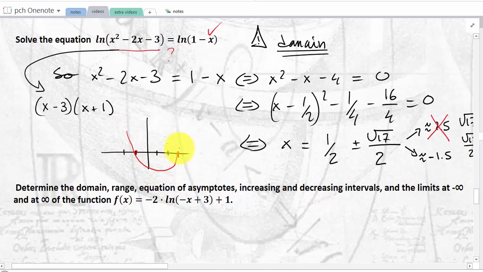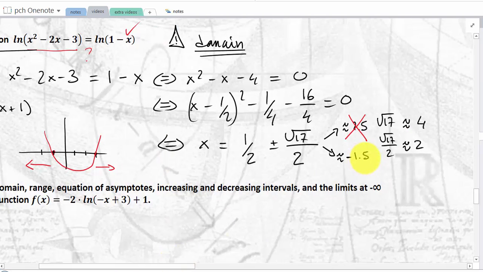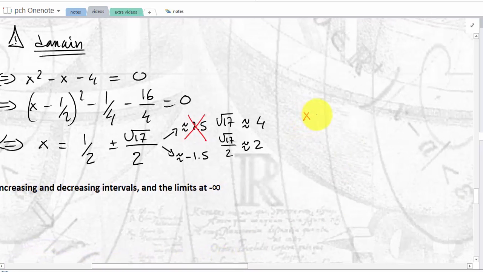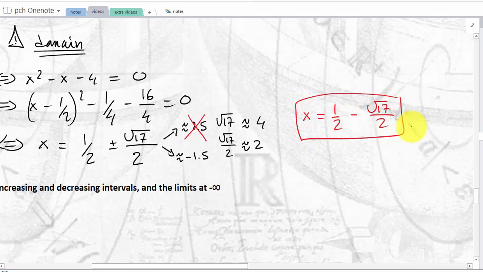So it's defined below negative 1 and above 3. So negative 1.5 should work. Therefore, the only answer is x equals 1/2 minus root 17 over 2. Okay, that's the only solution. All right, let's do two other problems about graphs and we're done with this video.